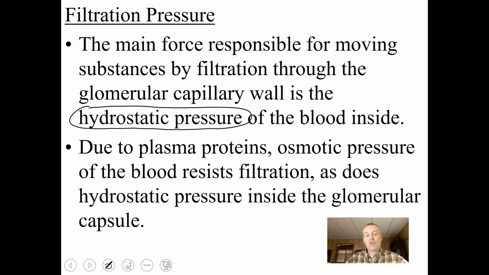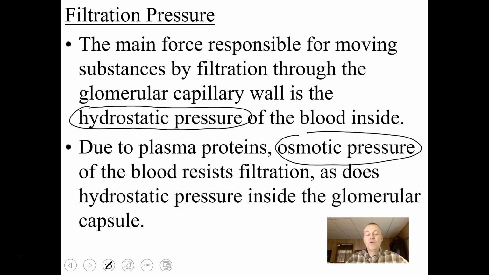So the main pressure is going to be hydrostatic pressure, but due to the plasma proteins and the solutes that are dissolved in the plasma of the blood, there is an osmotic pressure in the blood that's going to cause water to be reabsorbed from the glomerular capsule back into the capillary. So that pressure is going from the capsule to the capillary, and that's called blood colloid osmotic pressure.